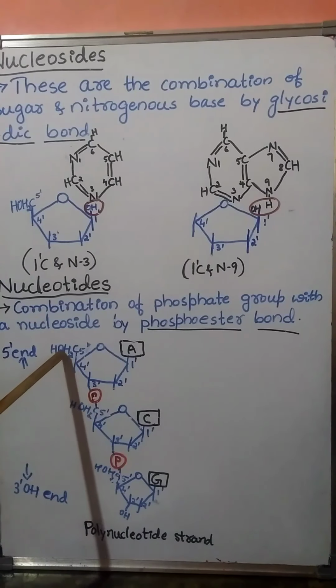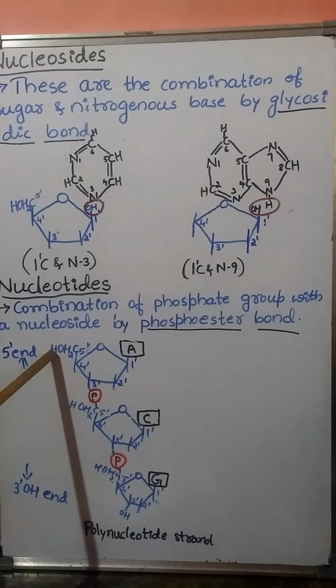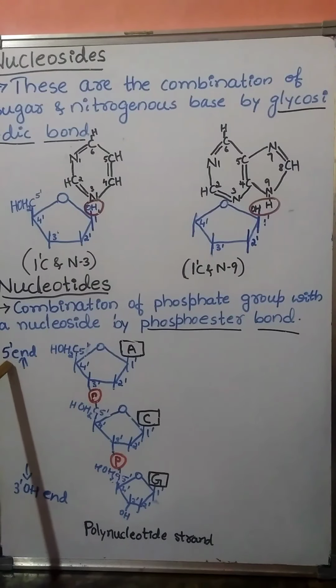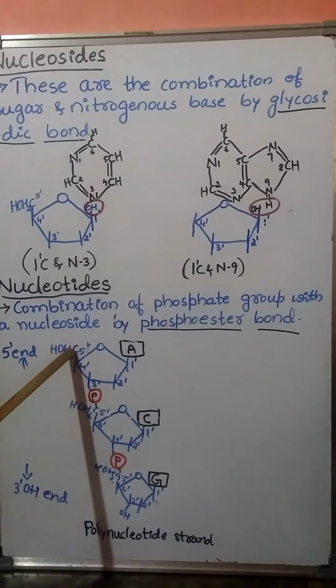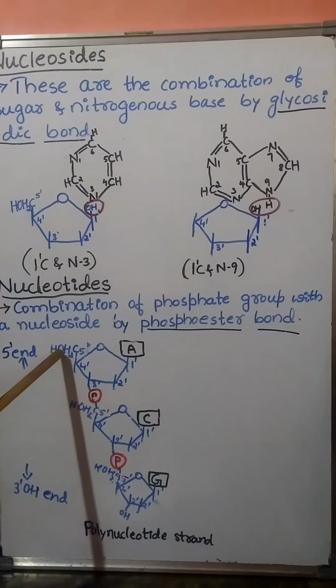This OH group present at the 5' carbon is free. This end is called the 5' end.